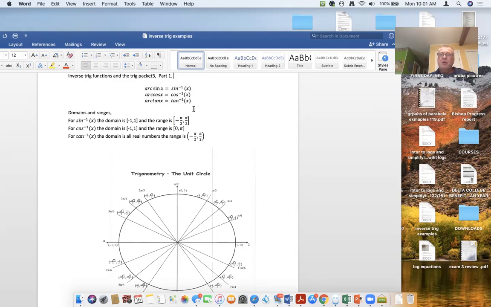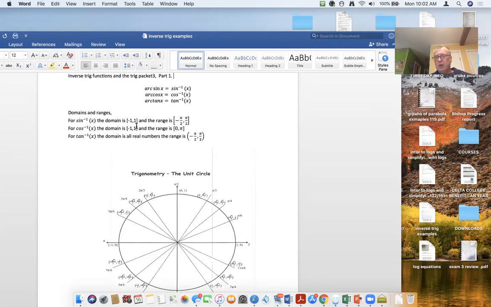Now, all inverse functions have to be 1-to-1. Since trig functions are periodic, the only way we can make them 1-to-1 is to limit the range values for these inverse functions. Sines and cosines are always between -1 and 1. So that's a domain. When we put a number into an inverse trig function, we get an angle out.